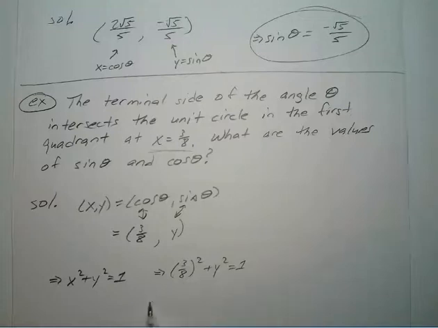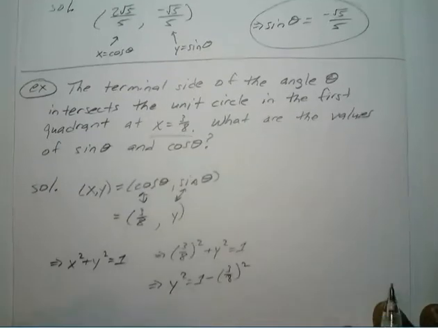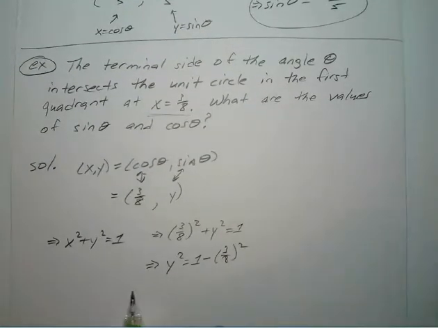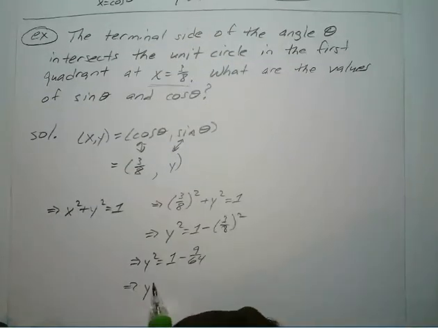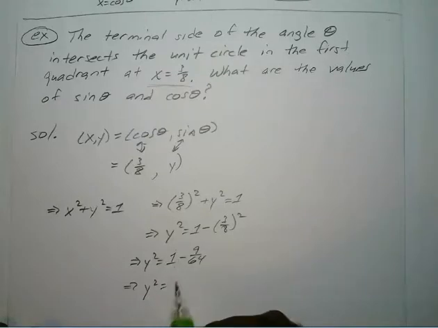Okay, so that becomes 3 squared is 9 over 64. So if we subtract that from both sides, actually this becomes y squared equals 1 minus, I'll just rewrite it, 3 over 8 squared instead of skipping steps. So that becomes y squared equals 1 minus 9 over 64. Well, y squared equals 1 over 1. We can make that 64 over 64.